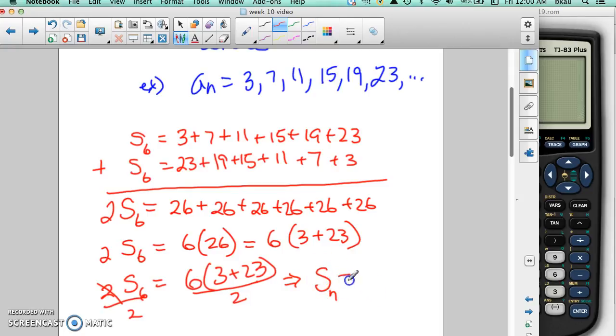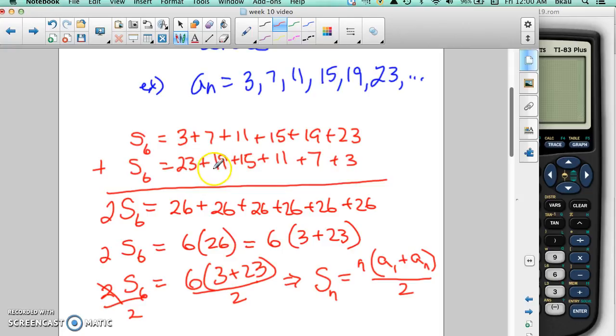If we wanted to write that for a sum with an n, we're going to have 6 of them, which is the same as the number of terms, n. We have the first term, which we denote by a sub 1, and the last term, which we denote by a sub n, divided by 2. This is my formula. It always works because of the way we line up the terms.